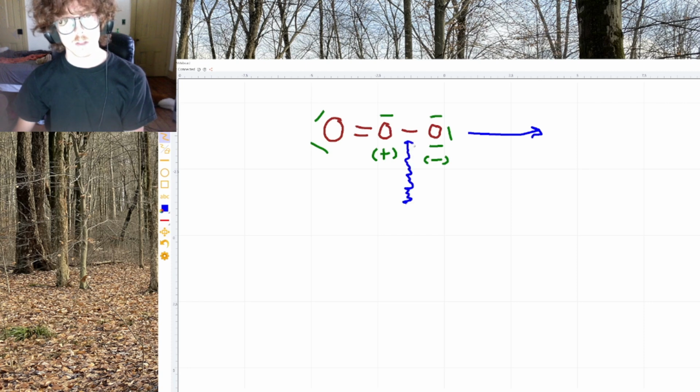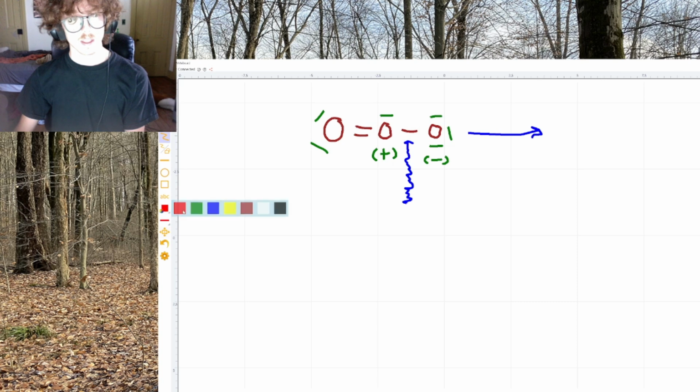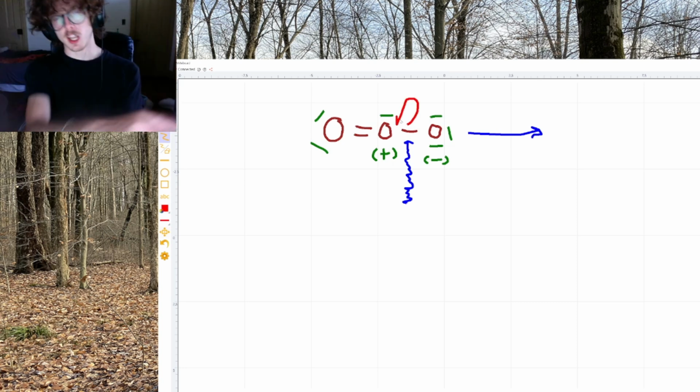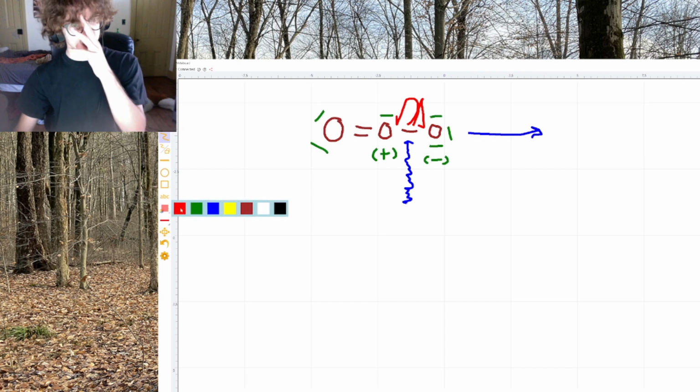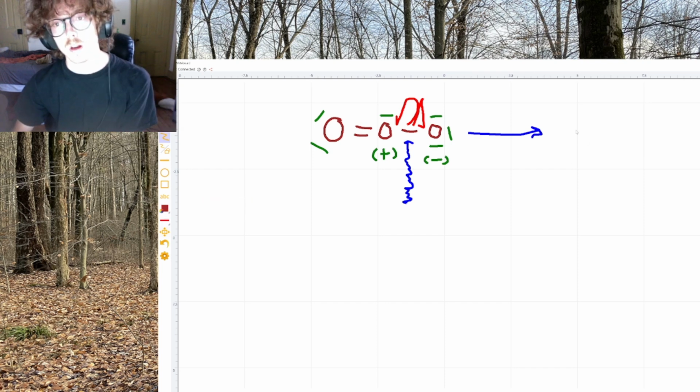It's going to come into this bond and split it homolytically. It's going to break a bond and shove an electron onto that side, and break a bond and shove an electron onto this side. So what you're left with is it kind of breaks the molecule apart.